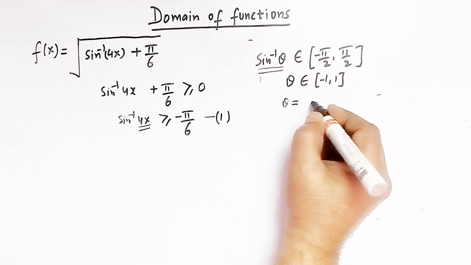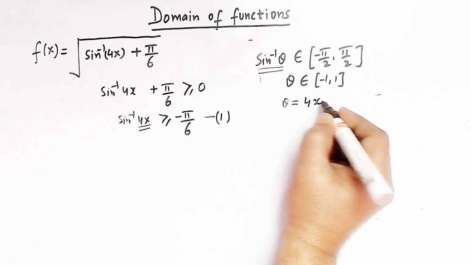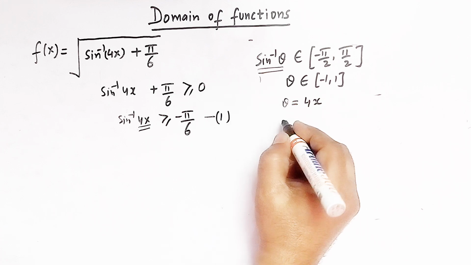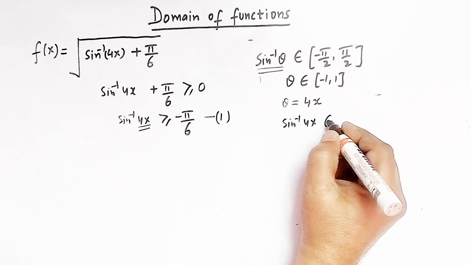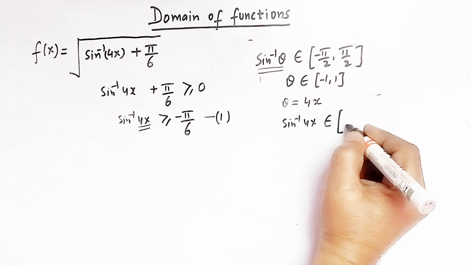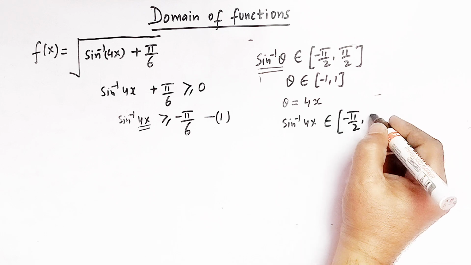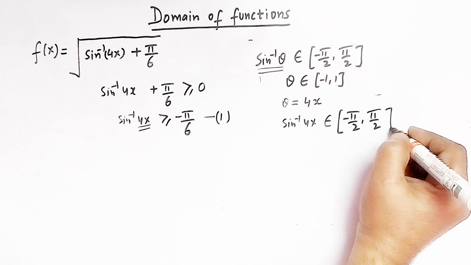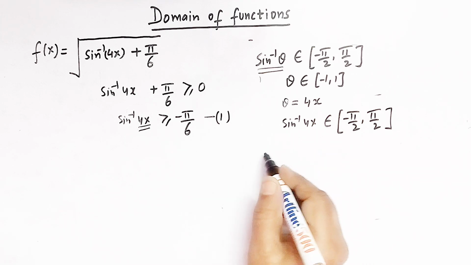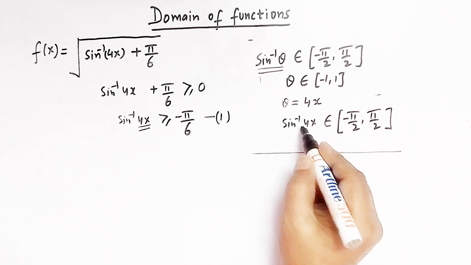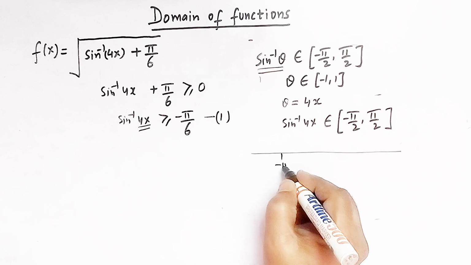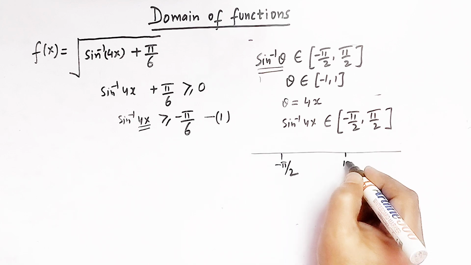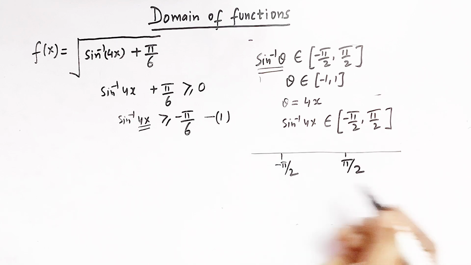So if we take theta equal to 4x, then sine inverse 4x should belong to this interval, that is minus pi by 2 to pi by 2, right? So here we have minus pi by 2, and here we have pi by 2.